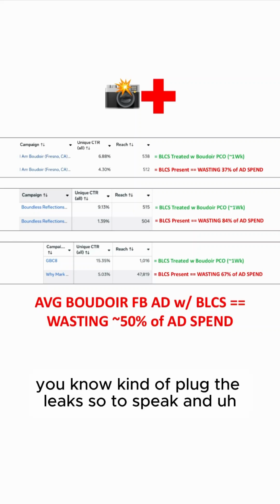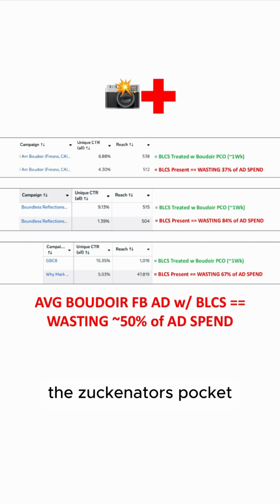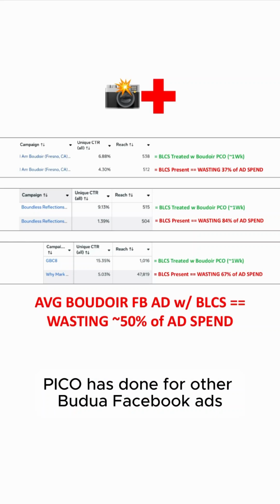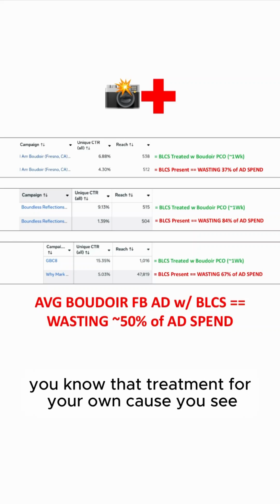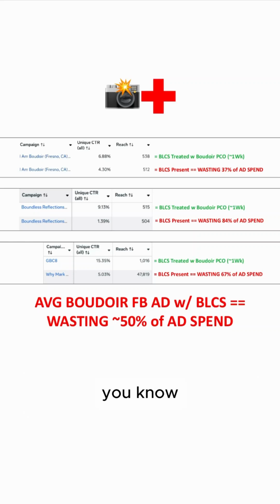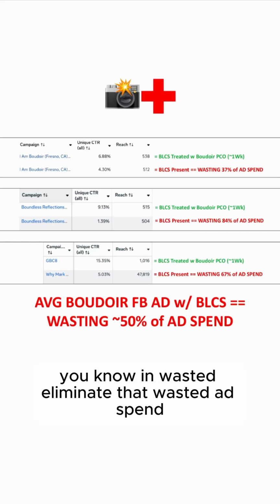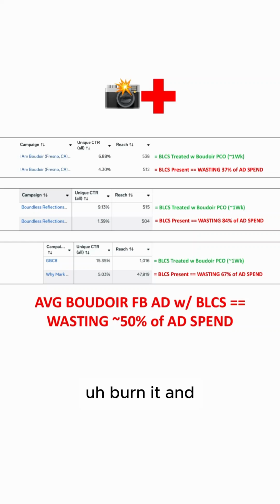And you want to kind of plug the leaks, so to speak, and keep that more money in your pocket instead of the Zuckinator's pocket. And you've seen what Boudoir Pico has done for other Boudoir Facebook ads, and you want to have that treatment for your own, because you see it could save you approximately 5K a month, eliminate that wasted ad spend, keep it in your pocket, and actually not need to burn it.